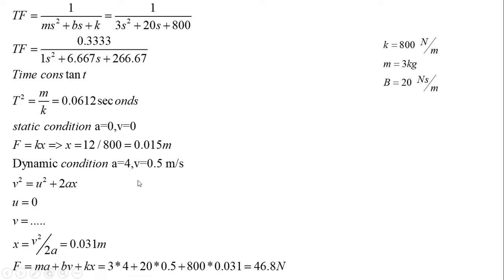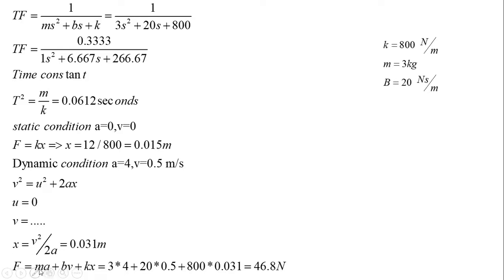At the initial condition, the initial velocity is 0, so v square is equal to 2ax. Putting the value of 0.5 here, x is 0.5 square upon twice into 4. Then x will be 0.031.